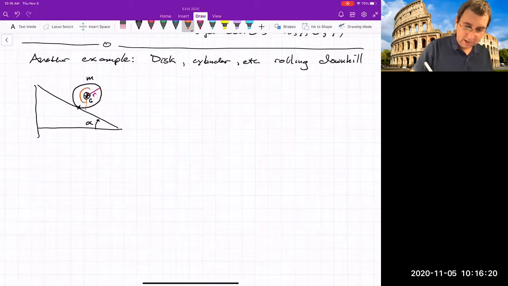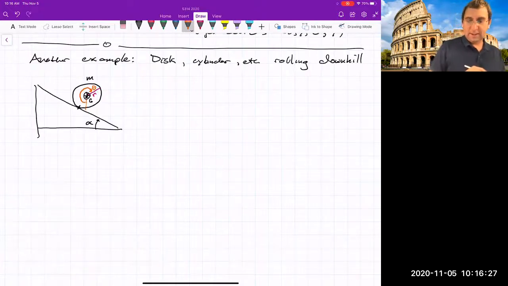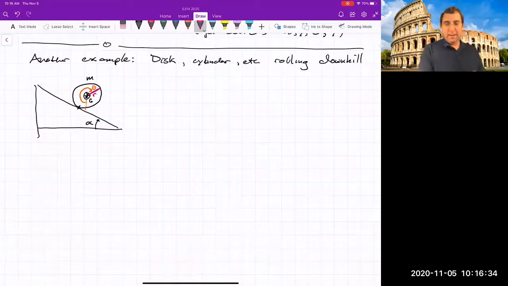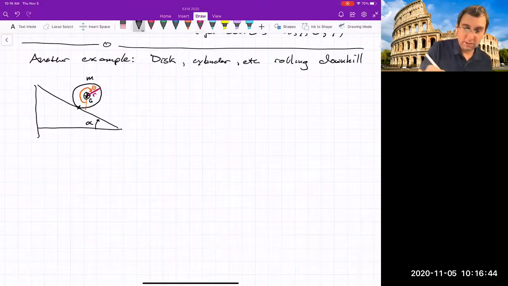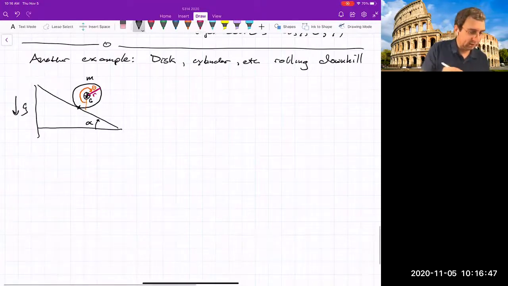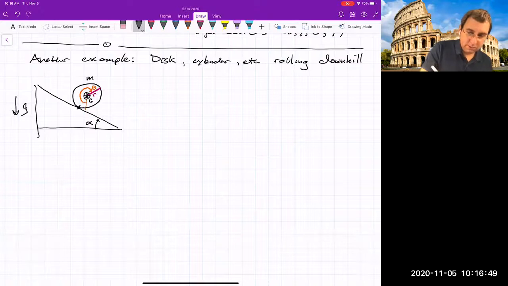If I were to track this angle theta, think about what's happening. I've drawn a purple line on here, and the angle from the orange line to the purple line is going to increase as this rolls downhill. So theta will increase. Of course, I've got gravity affecting things. I'll choose some point up here and track the distance that I've moved along.